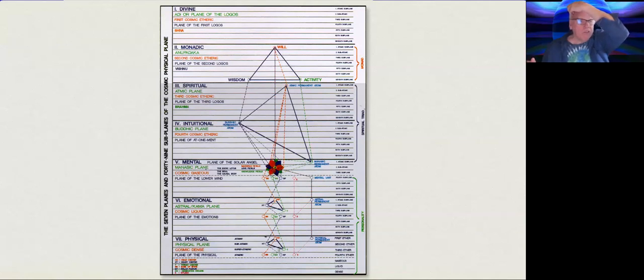When the sixth subrace of this fifth root race starts to come into incarnation, which could possibly happen even during the Aquarian age, you'll have this introduction of the illumined mind, which is ruled by the law of love, and that will have the quality of beginning the process of synthesizing all that's gone before in this root race, all the first 5 stages, the first 5 sub-races of this root race, right?